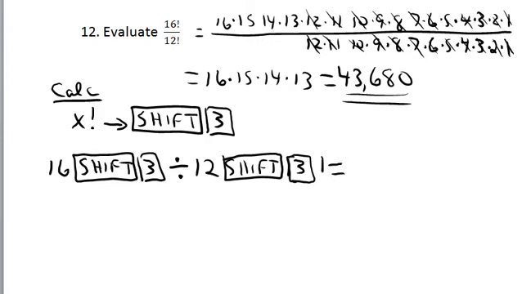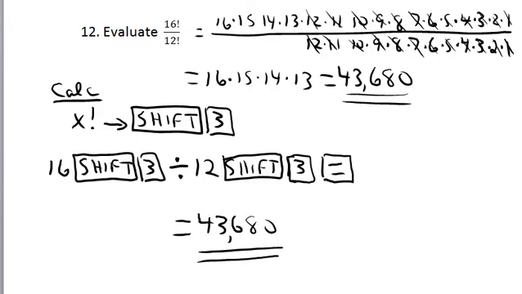And then to make it evaluate the division, you do equal. So if you do it that way, you will get the same answer. If you try that, you'll see that you also get 43,680. So that was just a little bit of practice on using your factorials. Let's do another.